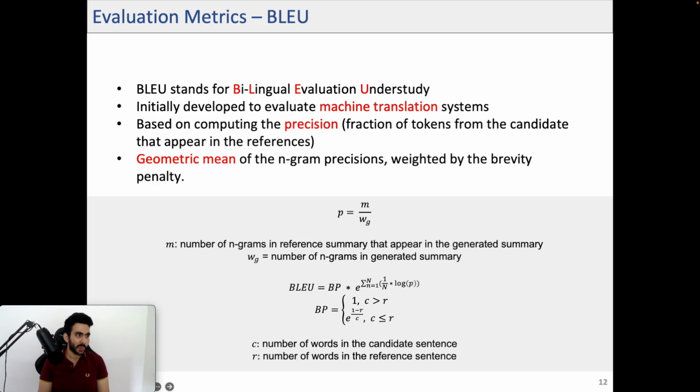BLEU, which stands for Bilingual Evaluation Understudy, was one of the approaches initially developed to evaluate machine translation systems, but was adopted for the summarization problem.